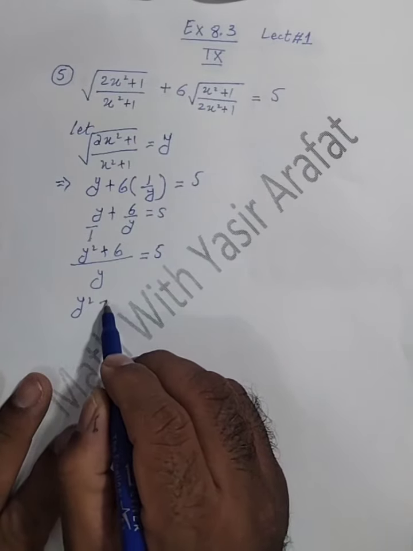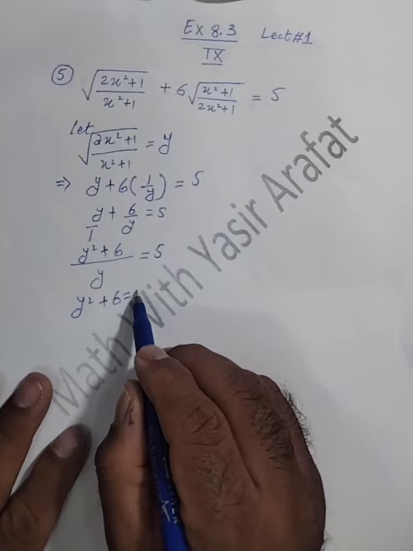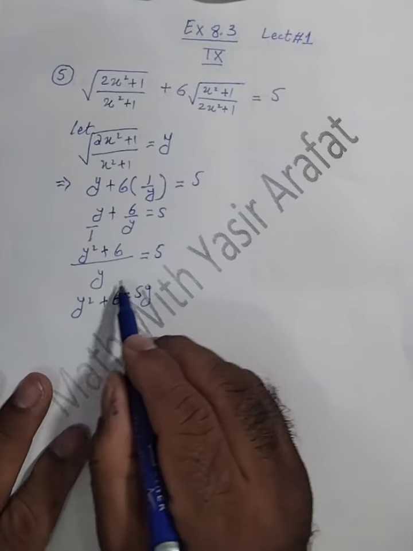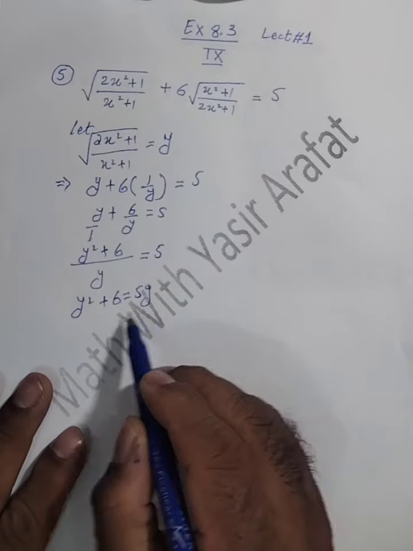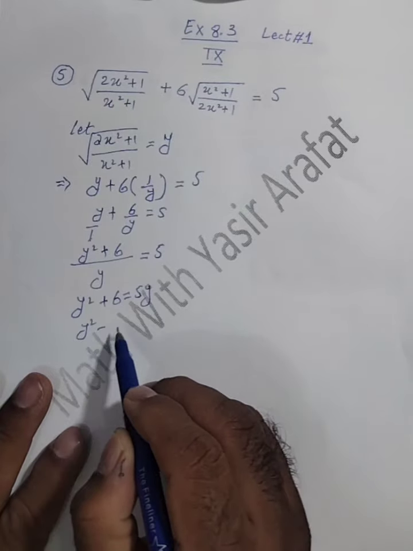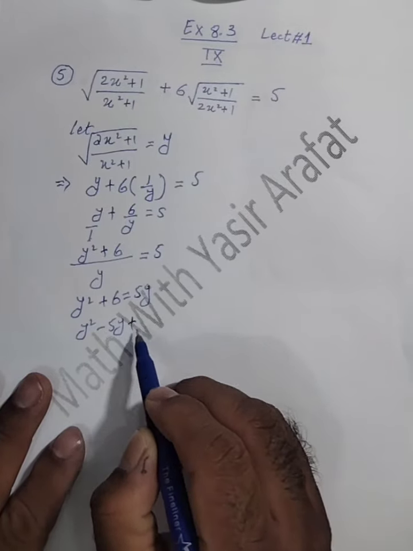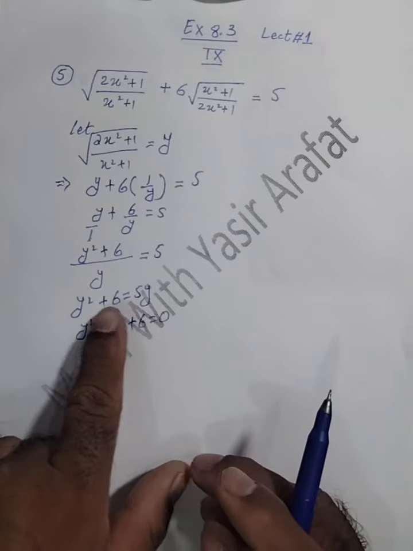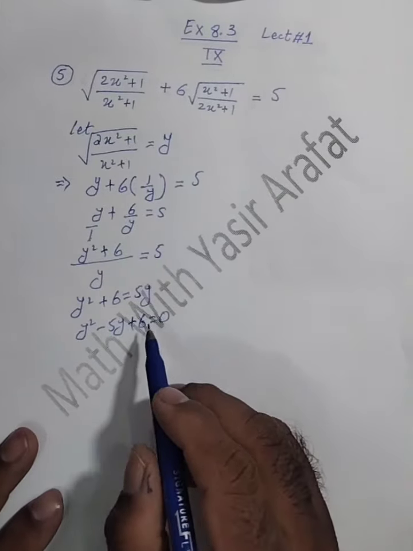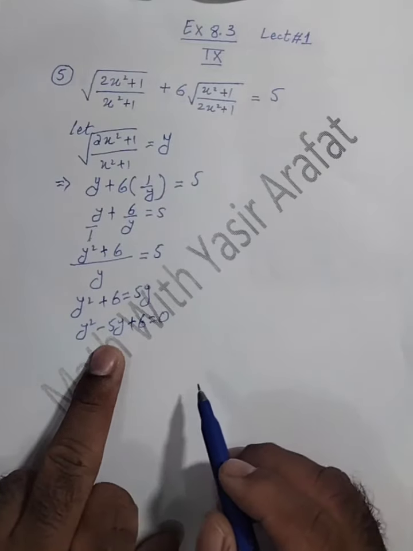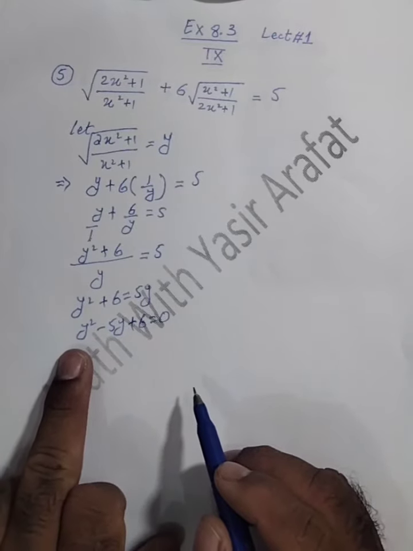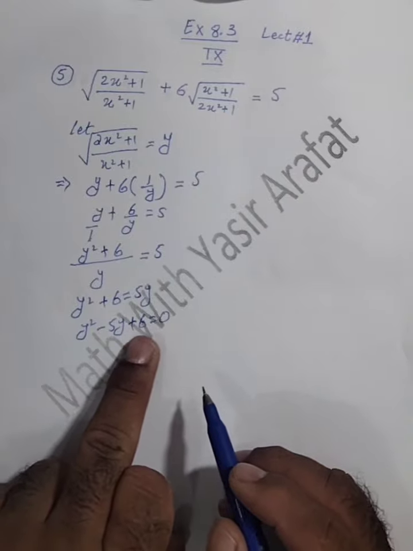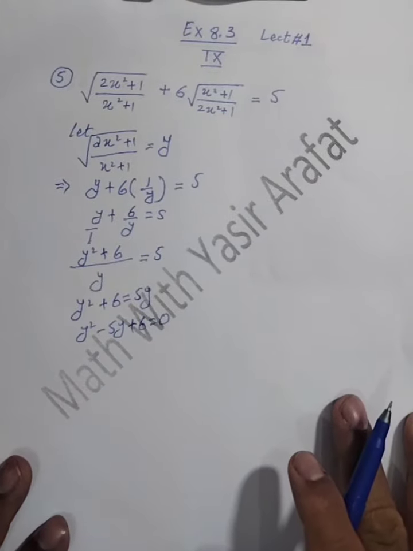Now this is 5y, we have to shift this y to the right hand side. Now y square minus 5y plus 6 is equal to 0. This y we have to shift to the left hand side. Now here, dear students, again we have a quadratic equation, y square minus 5y plus 6 equal to 0.